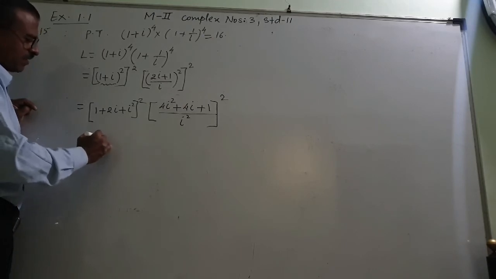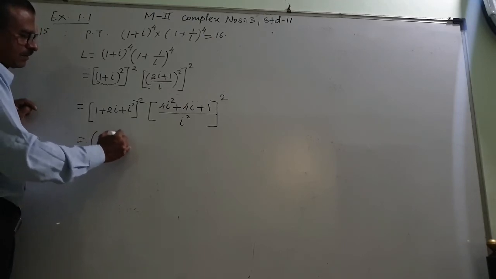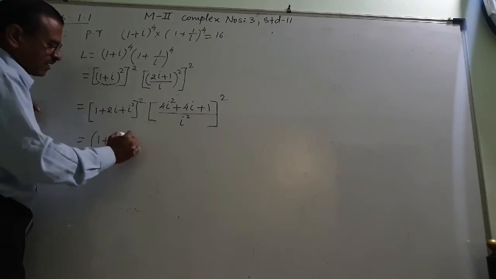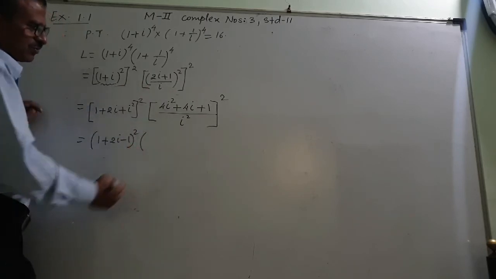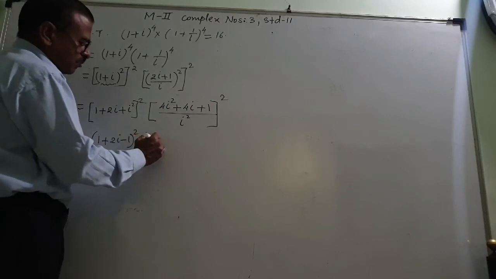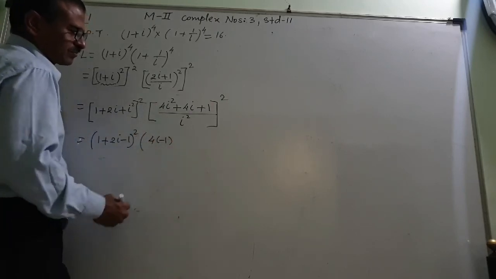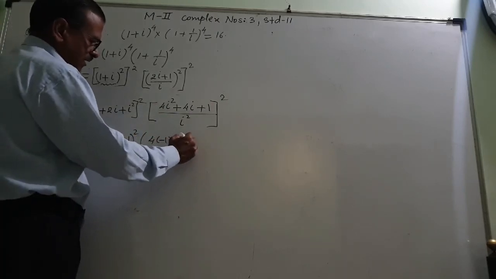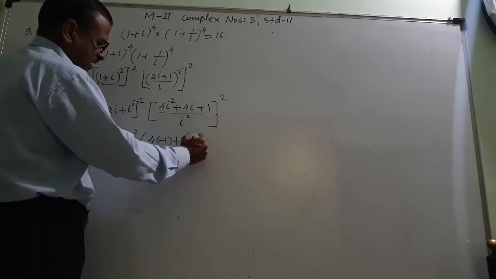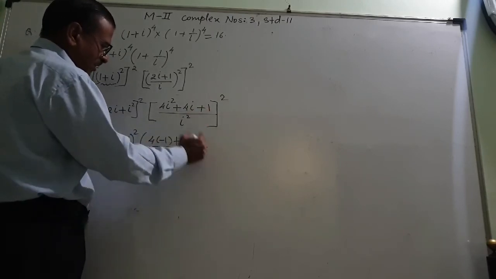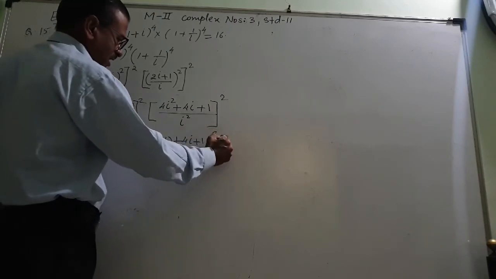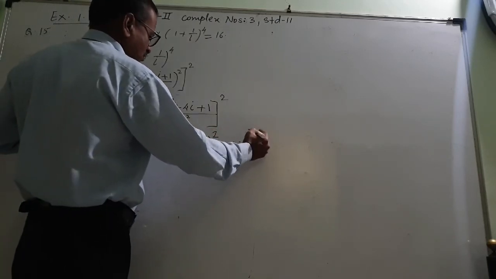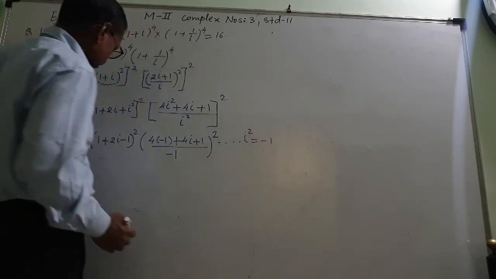I will change the bracket: 1 plus 2i, and this will be minus 1. i square means minus 1. Its square into 4i square means 4 into minus 1, plus 4i, plus 1 upon this i square means minus 1 bracket square. Here I have written i square means minus 1.